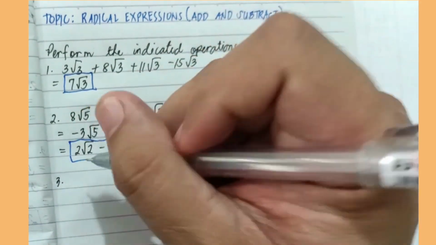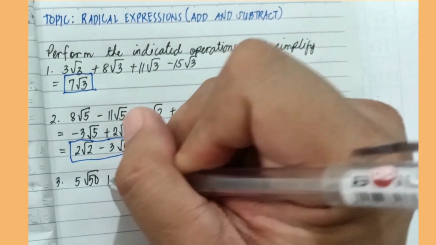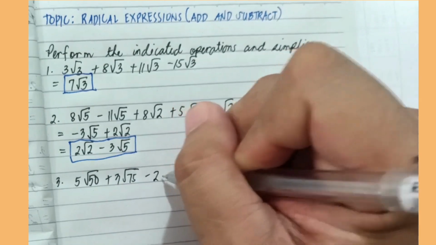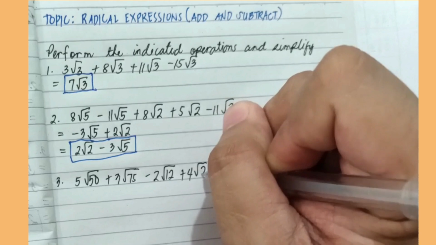In the given problem number 3, we have 5 square root of 50 plus 3 square root of 75 minus 2 square root of 12 plus 4 square root of 2.